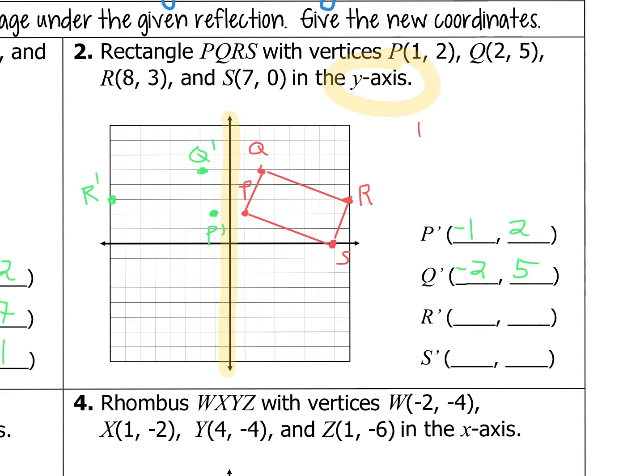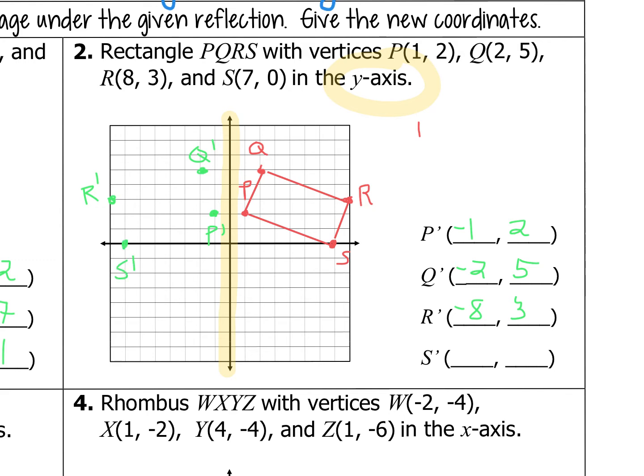And then identify that ordered pair from the origin. You're going to go to the left 8, but up 3. So left 8 is negative, up 3 is positive. And then finally, for S, S is 7 units away. So go 7 in the opposite direction, plot a point, and title that S prime.